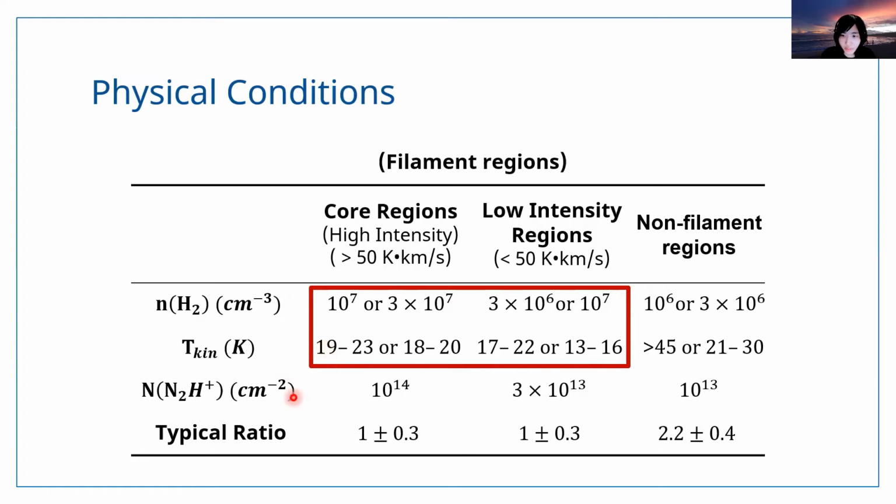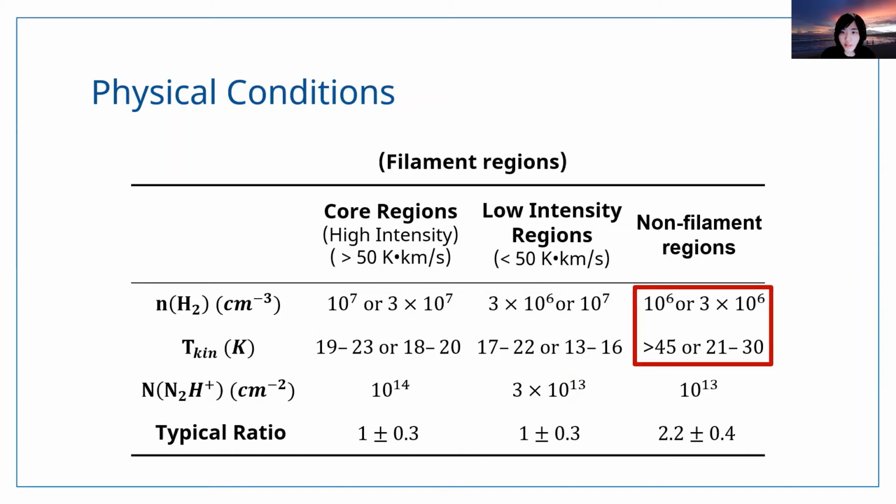In general, we can see that the core regions have higher density than the low intensity region. But the relation in temperature may depend on whether these cores are prestellar or protostellar cores, since we would probably expect higher temperatures from protostellar cores. For prestellar cores, their temperature can be similar to the low intensity regions in the filaments.